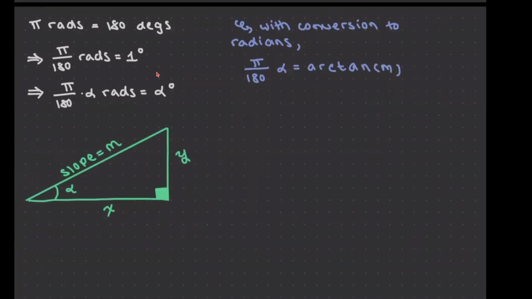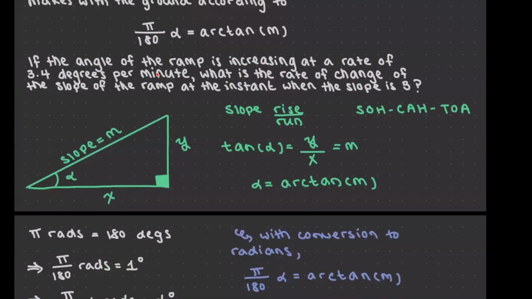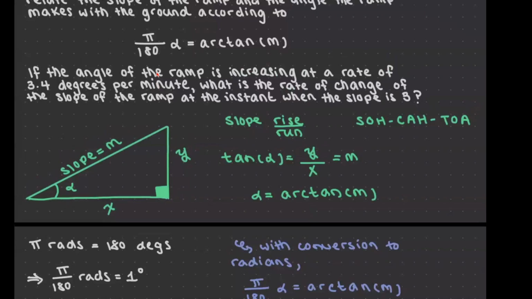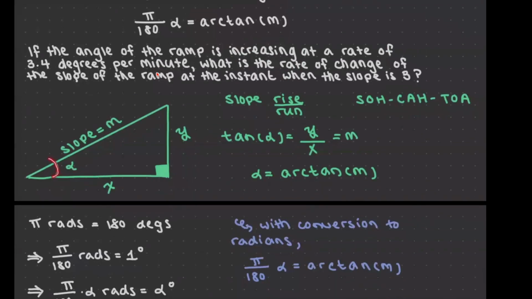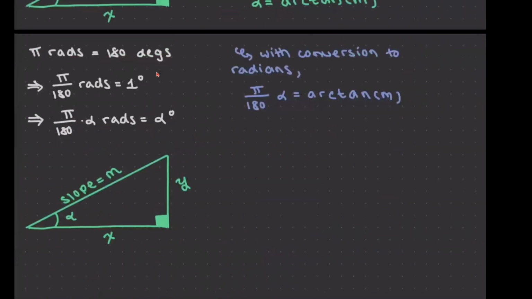Right now, the best I can do is go back to the problem so we can look at it. The angle of the ramp is increasing at a certain rate. So we're changing the angle of the ramp.